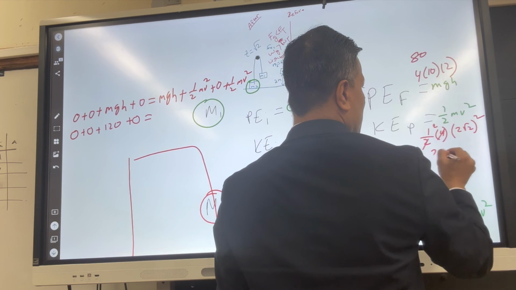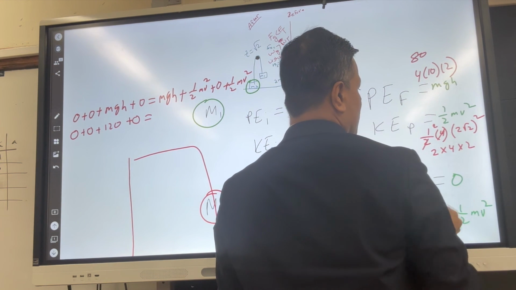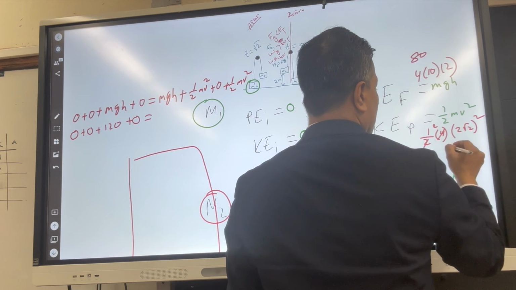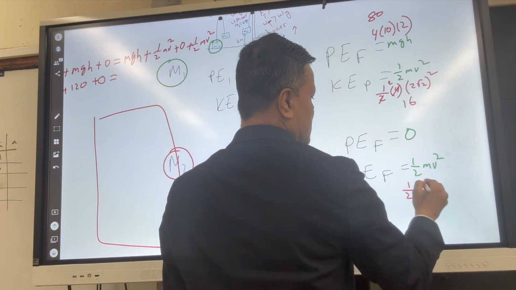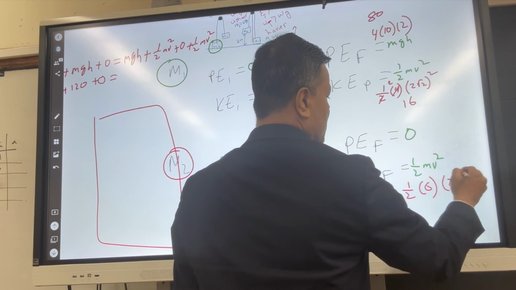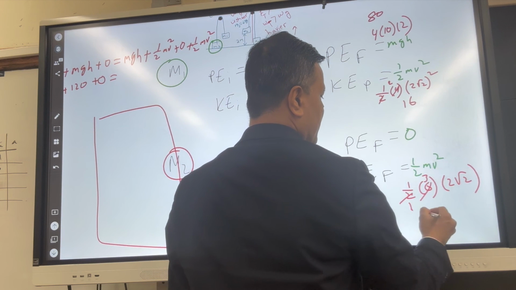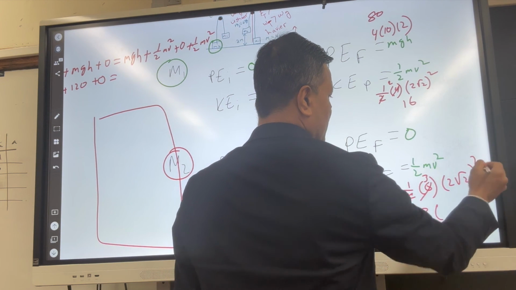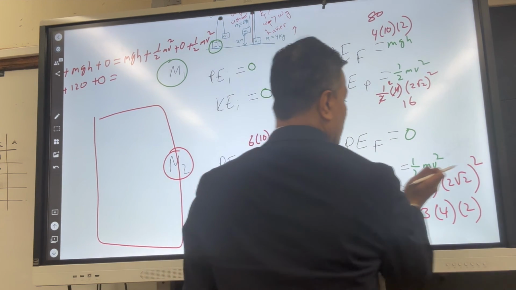This is 2. So half times 4 times 8, that's 16. This one is 16. This is half, this mass is 6, velocity is 2 root 2 squared. This is 3, this is 4, this is 2, so this is 24.